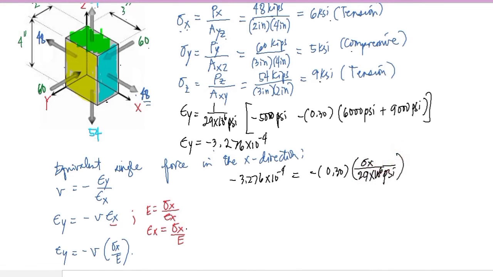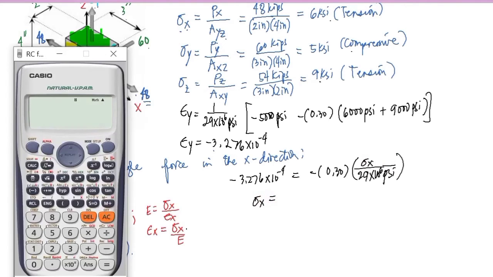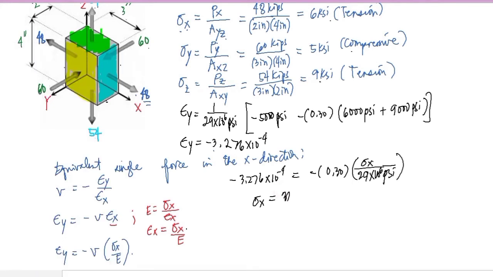Now solving for the stress in X, we have negative 3.276 exponent negative 4 is equal to negative 0.3 times the unknown over 29 exponent of 6. Shift solve equals, and we have 31,668.